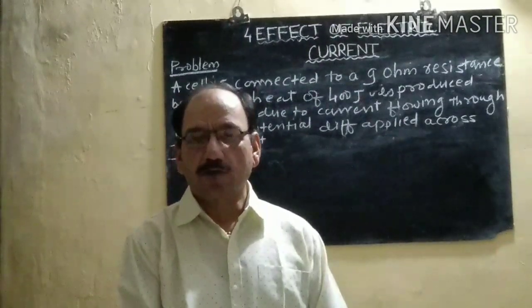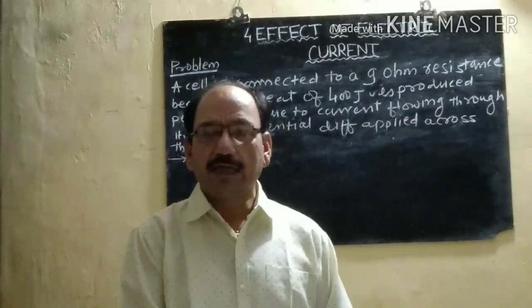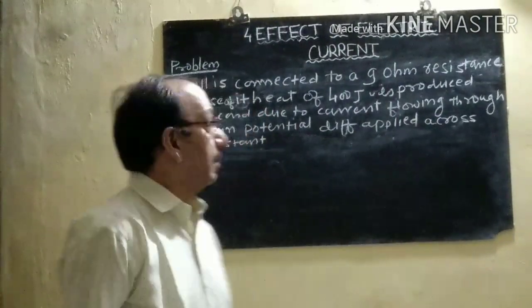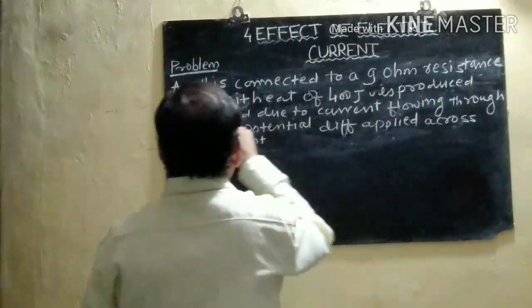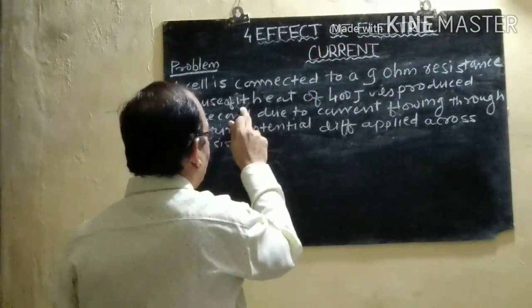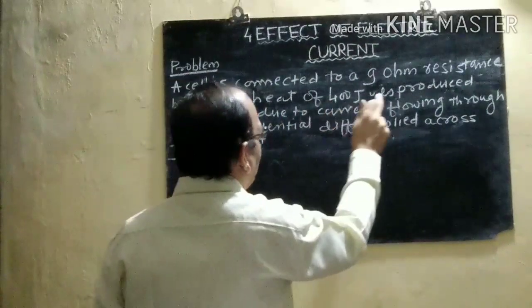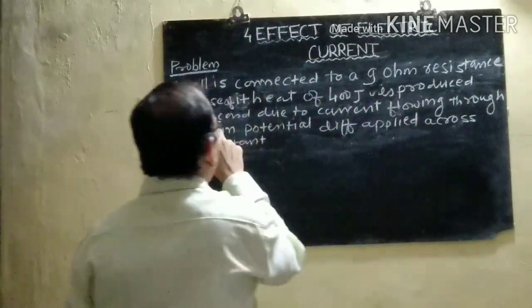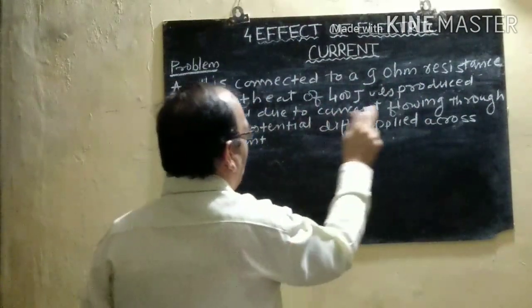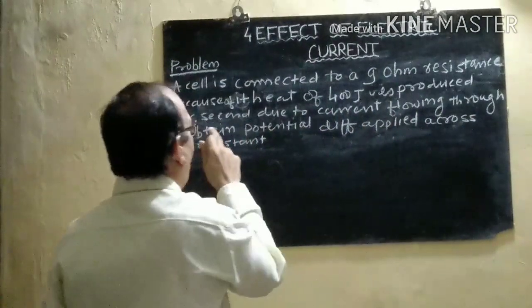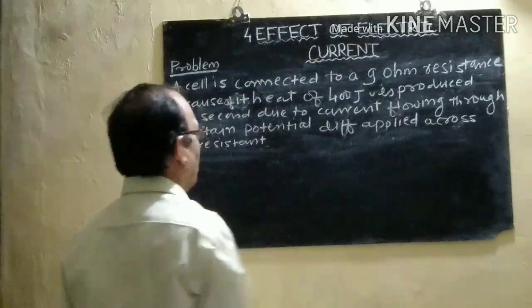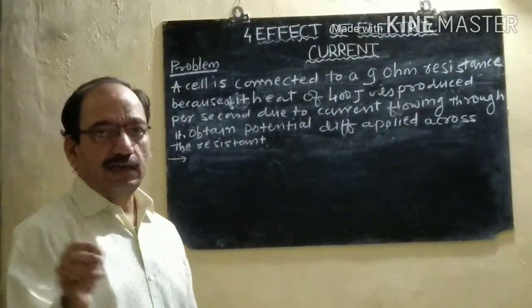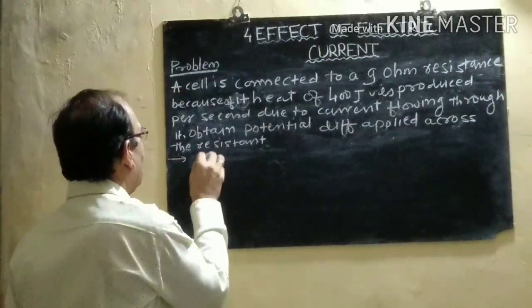Now we solve some problems based on heating effect of electrical current. A cell is connected to a 9 ohm resistance. Because of it, heat of 400 joule is produced per second due to the current flowing through it. Obtain the potential difference applied across the resistor. First of all, we write the given data.